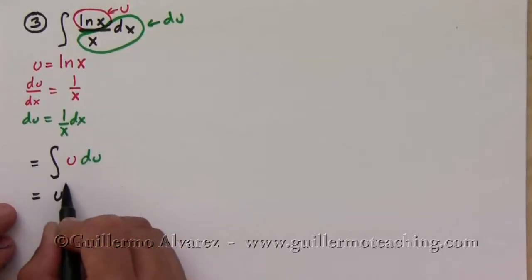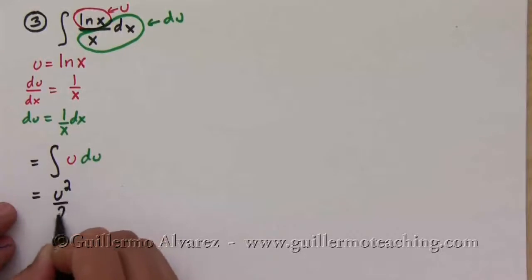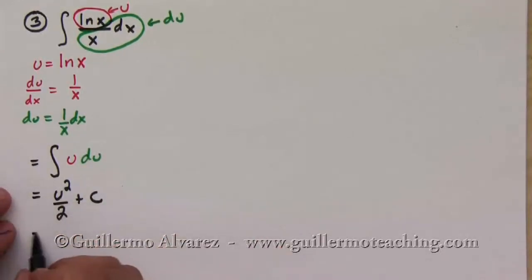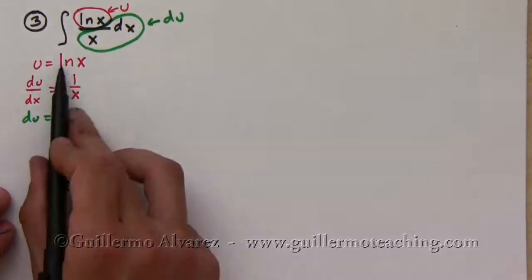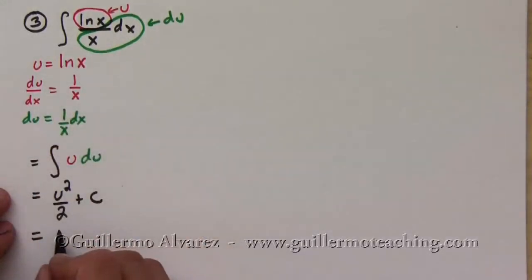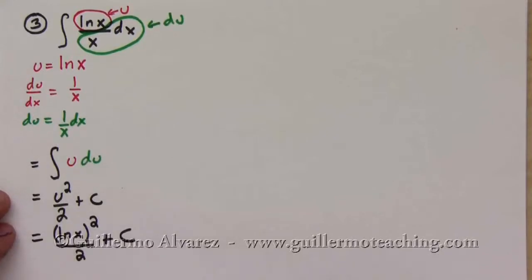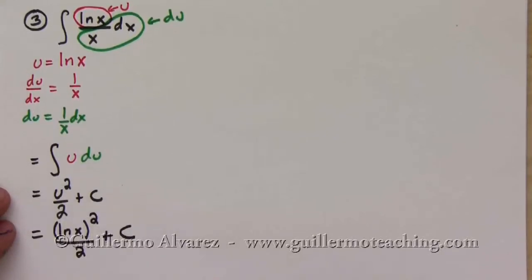This would just be u squared over 2 plus c. And then if I go back to what u equals, u is ln of x. So this is just ln of x, the entire thing squared, divided by 2, plus some constant c. And that's it.